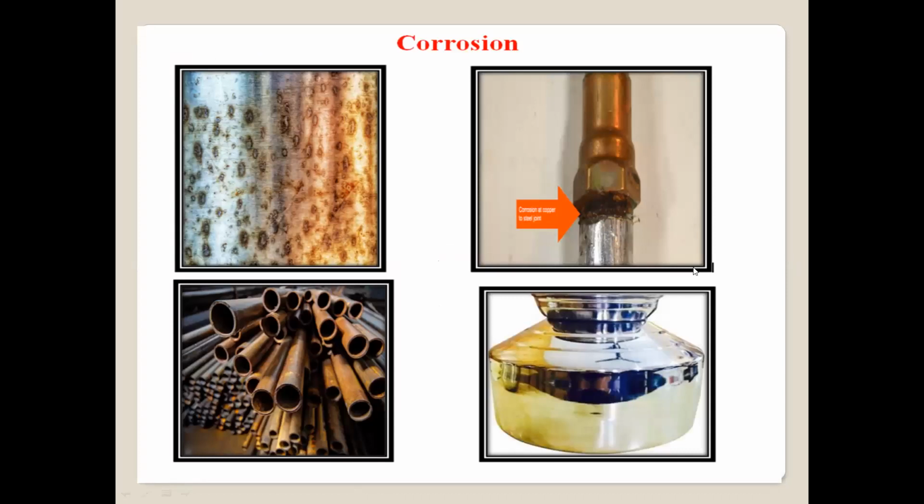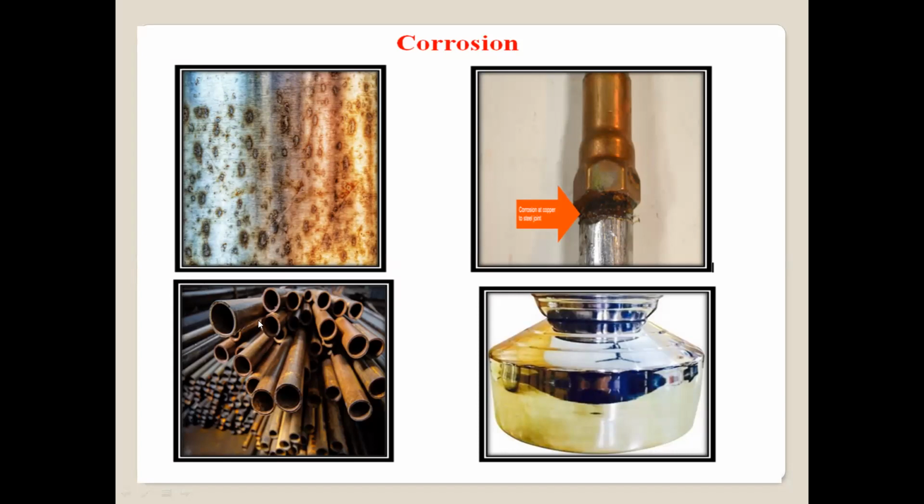These are the images of corrosion that I have shown here. This is an aluminium plate, aluminium being a metal, on which corrosion is occurring due to air and water. This is copper and steel, and that type of corrosion is called galvanic corrosion.